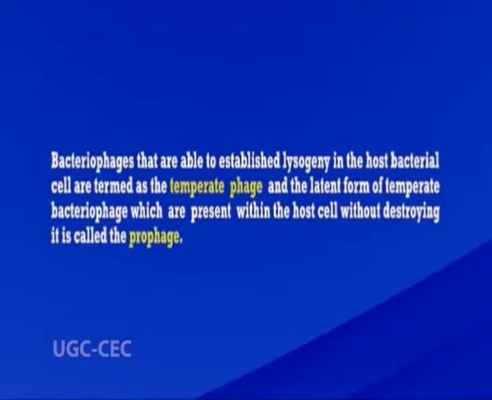Bacteriophages that are able to establish lysogeny in the host bacterial cell are termed temperate phage, and the latent form of the temperate bacteriophage, which is present within the host cell without destroying it, is called the prophage. This prophage is usually integrated into the bacterial chromosome, but sometimes it can also exist independently.